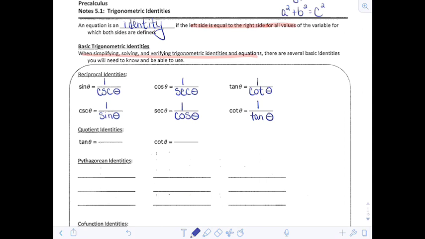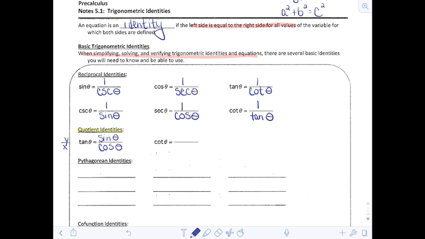The quotient identities, these are ones that you should know as well. We've already dealt with this a little bit. The tangent of theta, we know that the tangent is y over x, and we know that y is the same as the sine of theta, and x is the same as the cosine of theta. So we know the tangent of theta is equal to the sine of theta over cosine of theta.